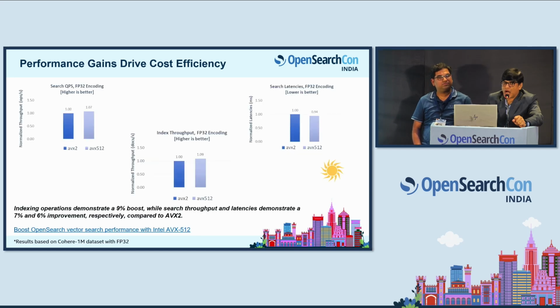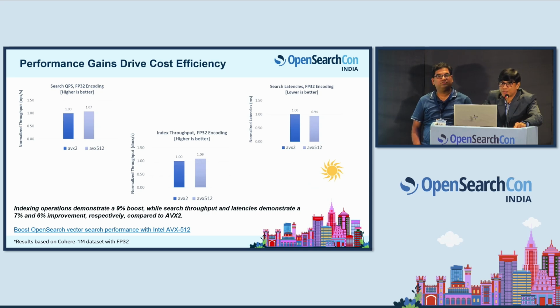Now, how does it actually translate into something very tangible to the user, in terms of throughput, latency, queries per second? Here is the number. Indexing operations demonstrate a 9% boost, while search throughput and latency demonstrate a 7 and 6% improvement respectively compared to AVX2.